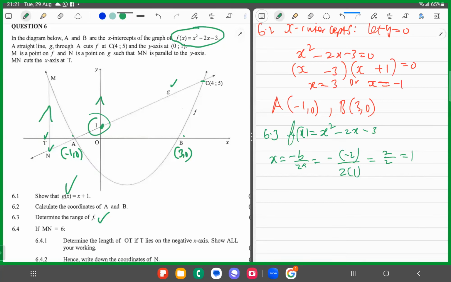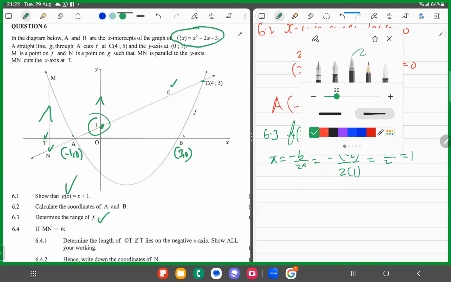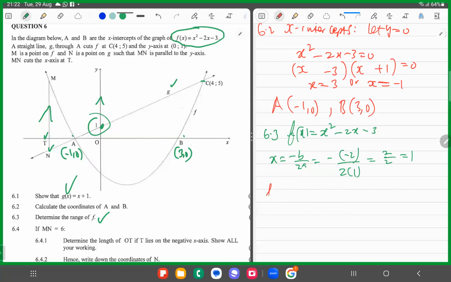So if x equals 1, we just need to get the y value for that. So which means you get f at 1, which is 1 squared minus 2 into 1 minus 3, which is 1 minus 5, which is minus 4.